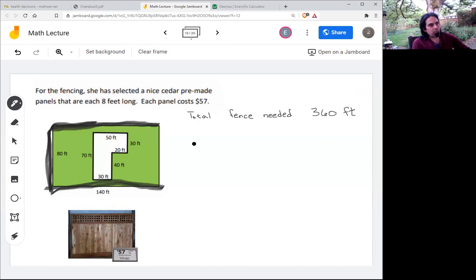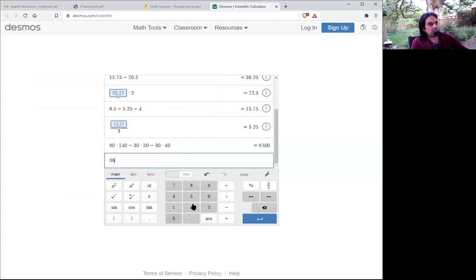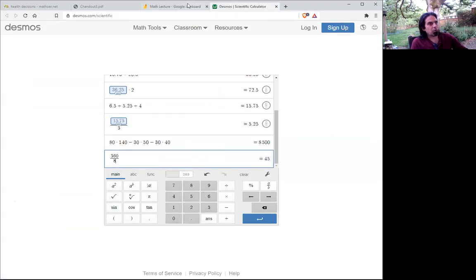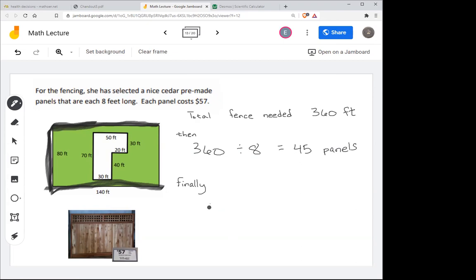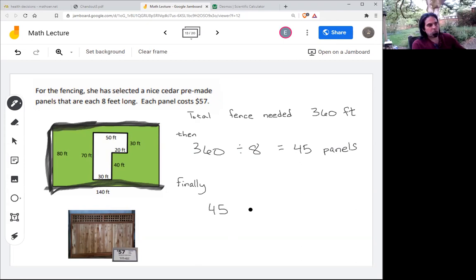So then I will just say 360 divided by 8. $45 of these panels. And then as my last step, what do I need to do? Multiply by 7. Not 7, unfortunately.